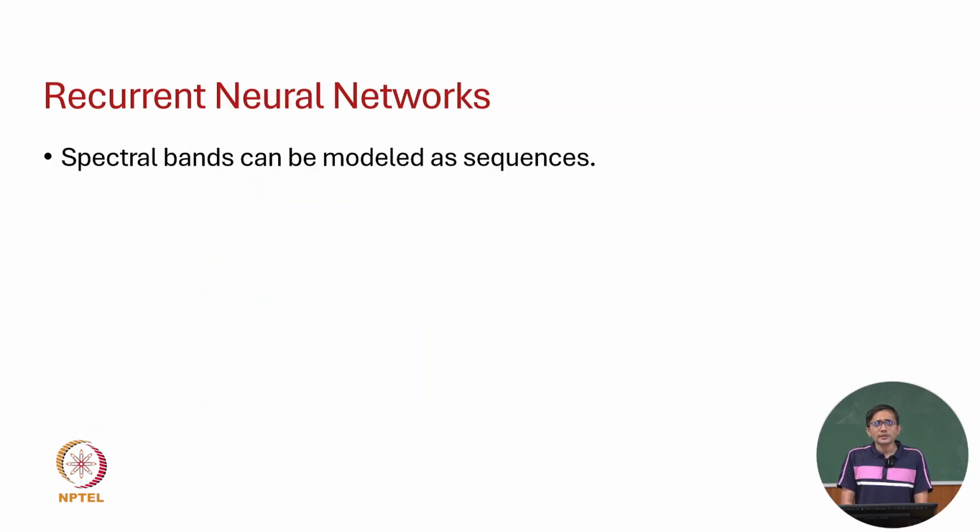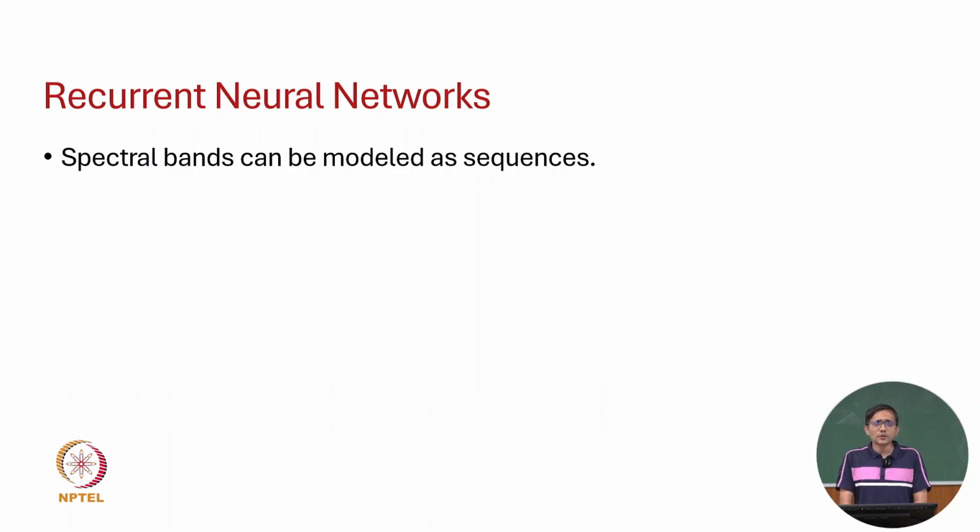Now moving forward, we know that hyperspectral images consist of a significantly large number of spectral bands, and this enables us to treat the spectral bands as if they are sequences. This particular property we will be using again in the next few slides.